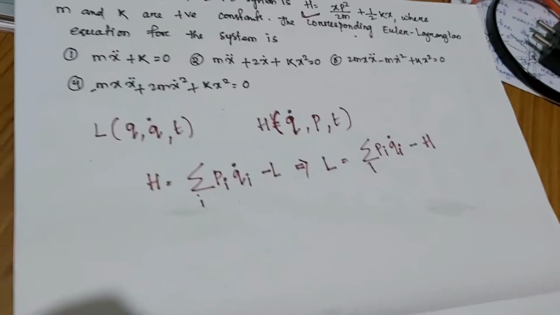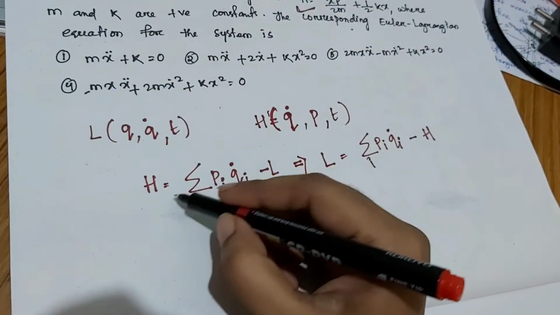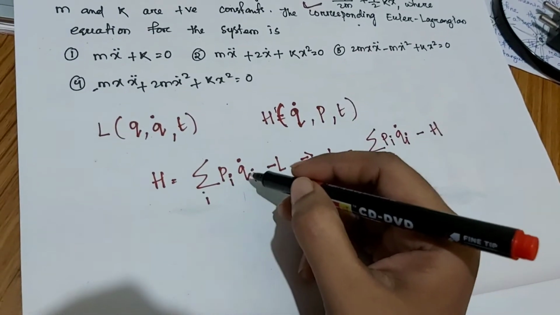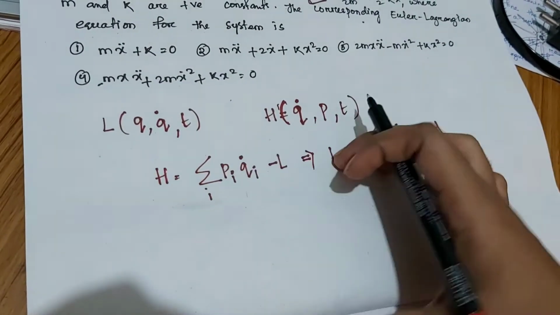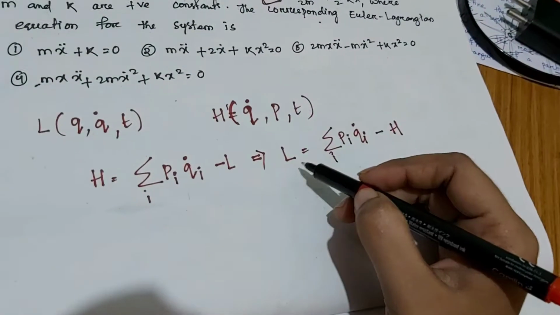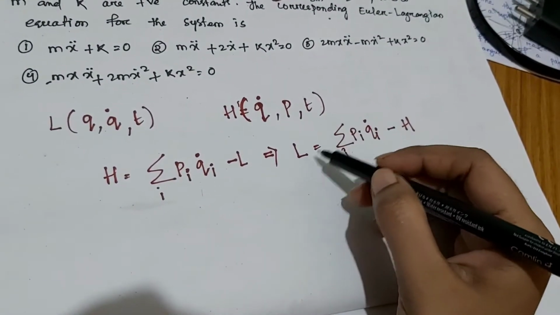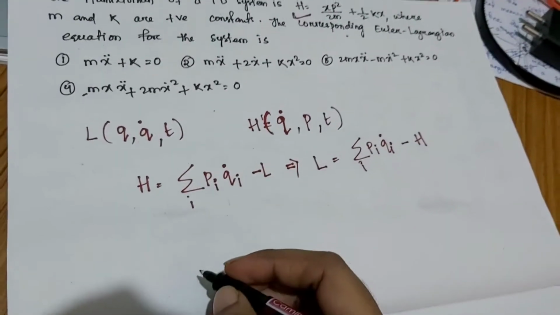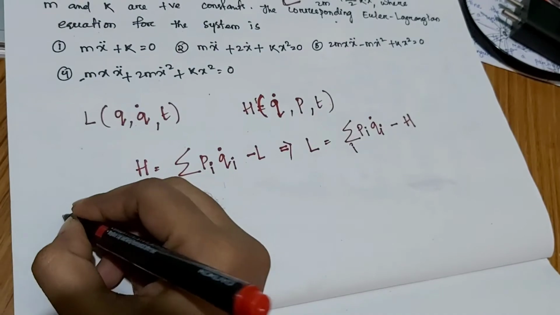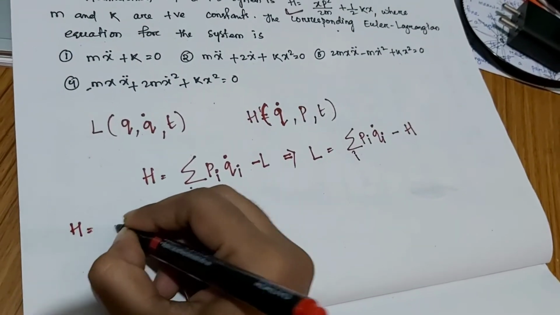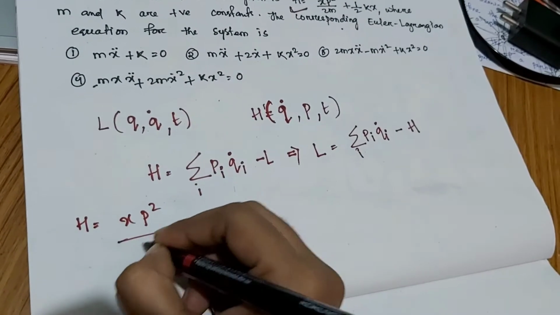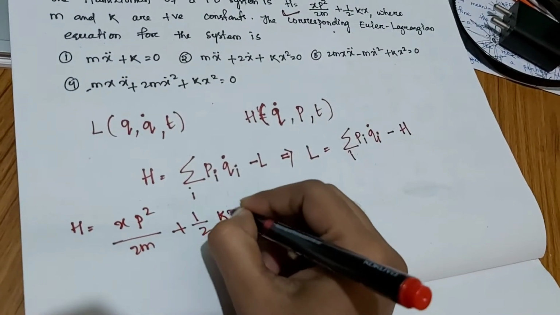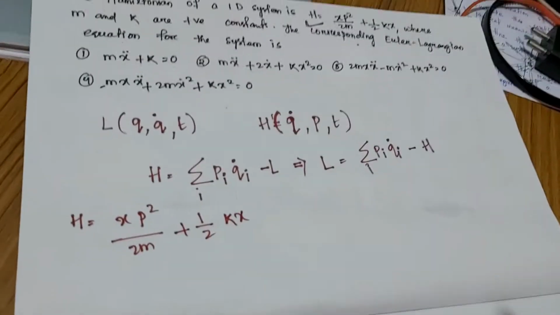So H is given: H is equal to x p squared by 2m plus half k x. This is my Hamiltonian, right?